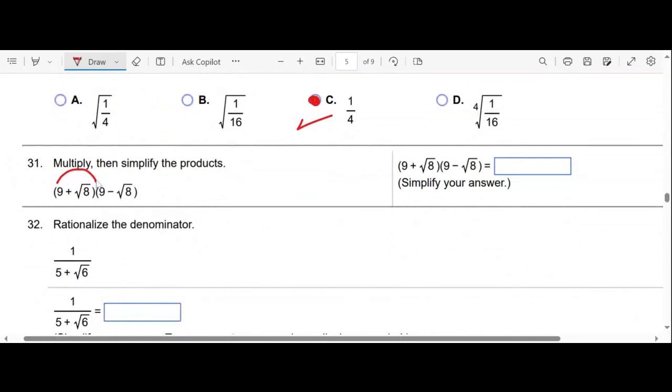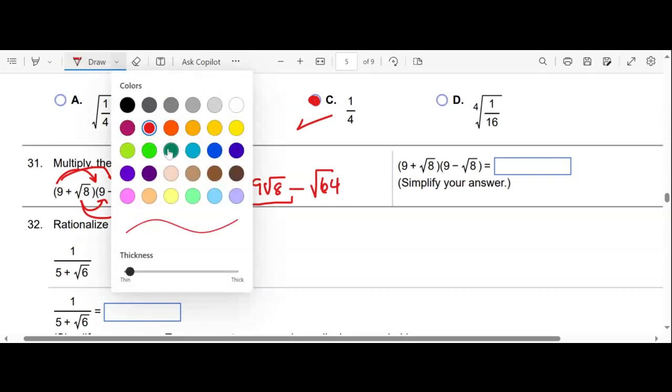Number 13. I'm going to multiply how many times? 4 times. 9 times 9, 9 times negative square root of 8, square root of 8 times 9, square root of 8 times negative square root of 8. Now, you notice this is the opposite sign, correct? So what should I do?